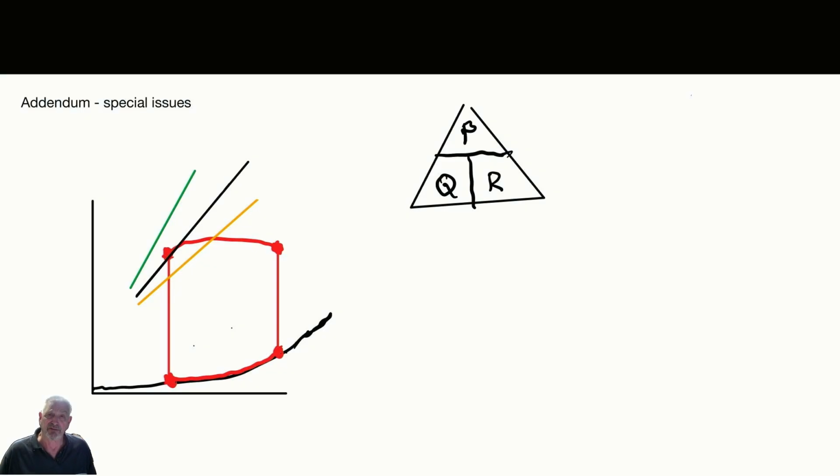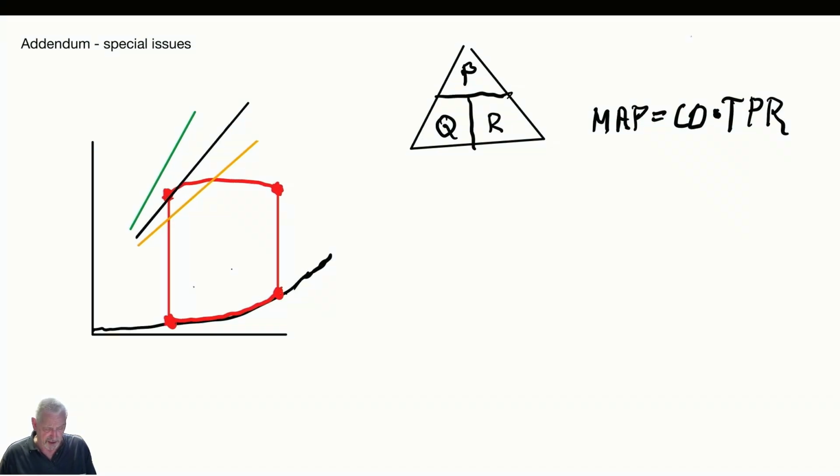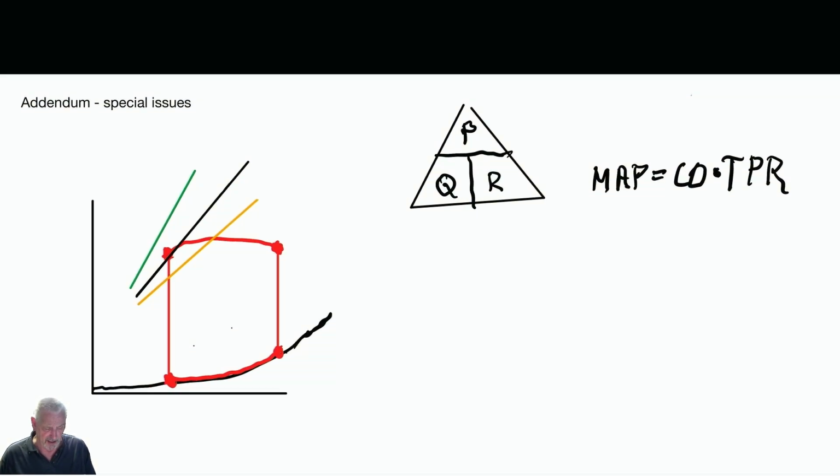In this case, afterload is a pressure, so we want to cover up the P, and we see that it is the product of flow, Q, and resistance. So mean arterial pressure is the product of cardiac output, which is our flow, and total peripheral resistance, which is our resistance. And what I said is some board books assert to you that if total peripheral resistance increases, then afterload increases.